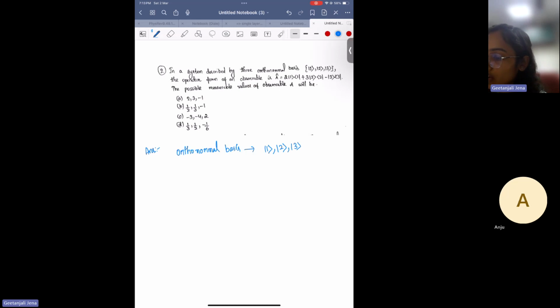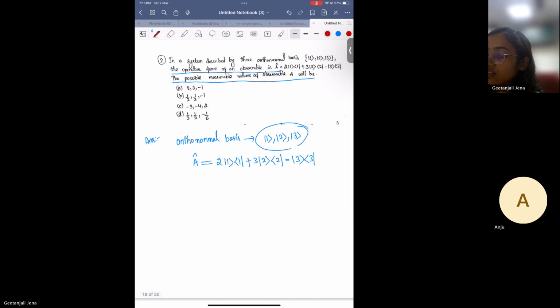There is an operator A, and we have written this operator in terms of this orthonormal basis as A equals 2|1><1| plus 3|2><2| minus 3|3><3|. So this is given to you, the operator expression in the orthonormal basis. Now it is asking what the possible measurable values of this observable A will be.